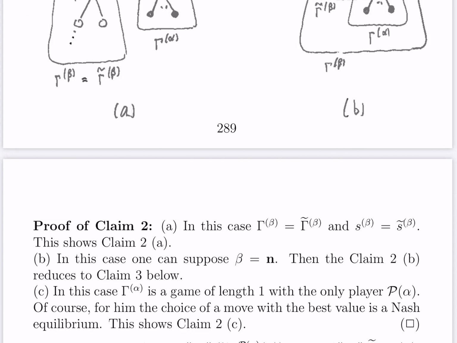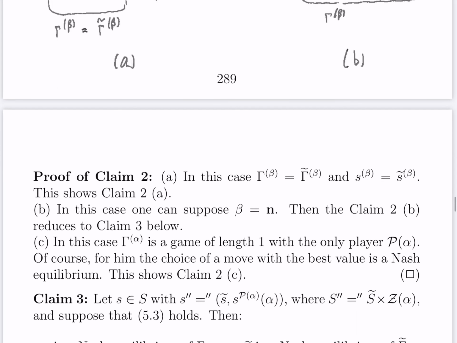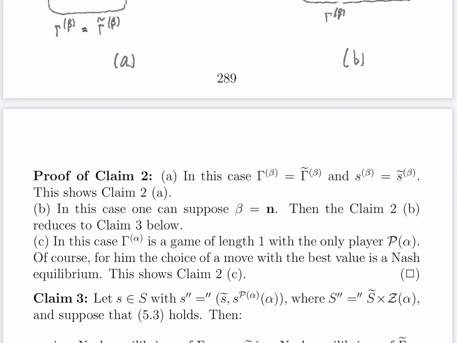So we can then restrict to this situation, and then we can reformulate the claim B in the following way as claim 3. So now we can suppose that the game gamma beta is equal to the full game gamma, and that beta is the starting play n.